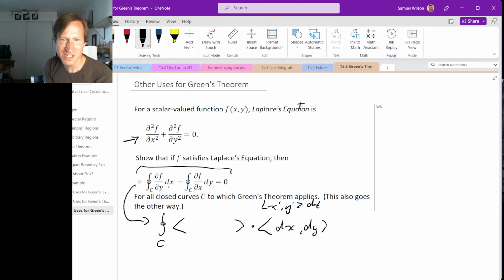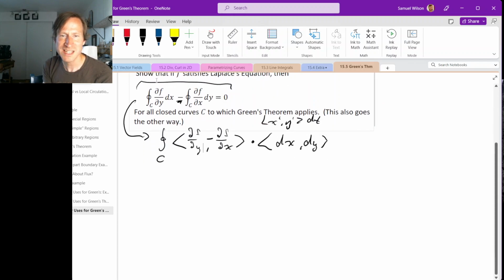Okay, so we need our dx to go with partial f partial y, so that's here, comma, and then we need our dy to go with partial f partial x, so that's going to be here. But to get this minus sign, we have to stick a minus sign here.